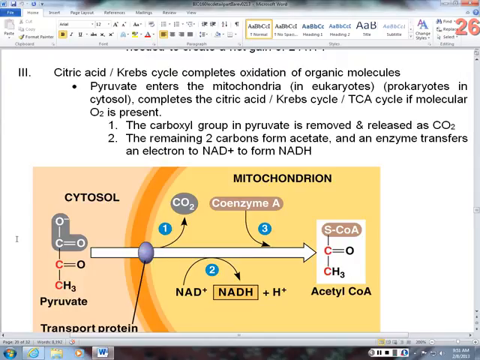And in eukaryotes, this is going to go into the mitochondria. If you're a prokaryote, you've got part of your cell membrane that folds in that you use to do this in the cytosol. And you're going to have oxygen present for this part of the cycle.